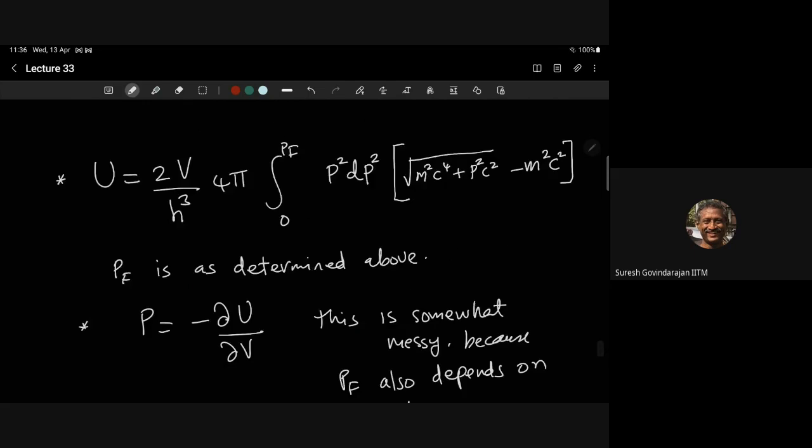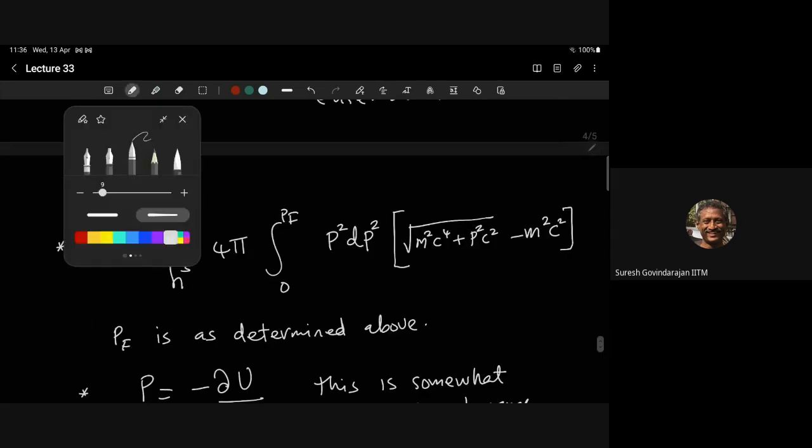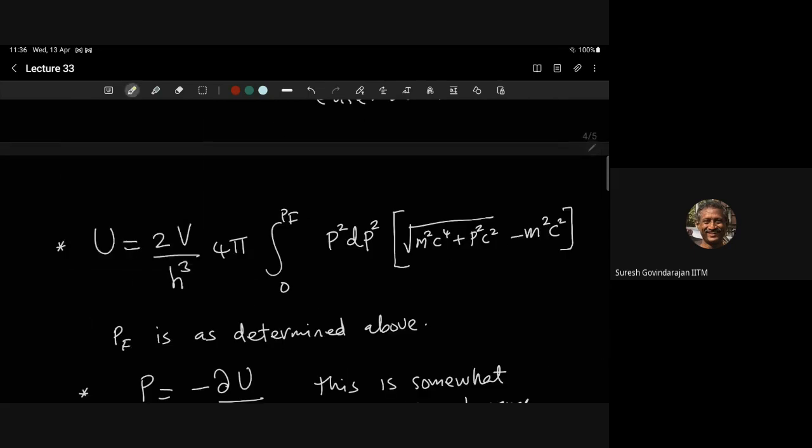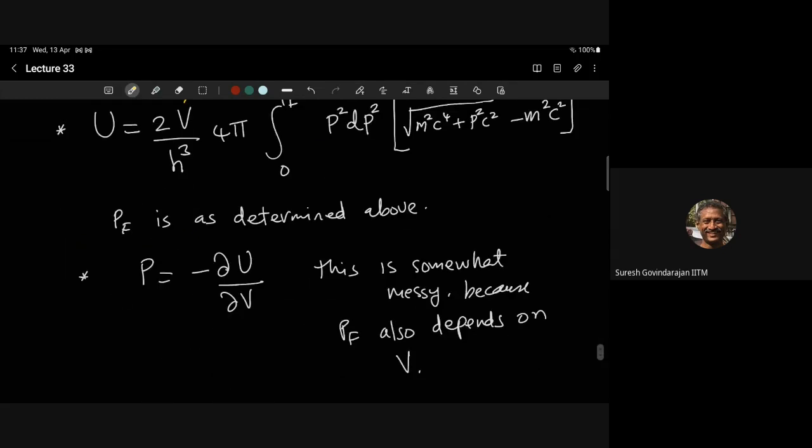If I try to mark where V appears, here is one point and here is the other. So there are two terms which depend on V, and so there will be two contributions. The first derivative of V is very simple, but the PF one is slightly messier. It's somewhat messy, but that doesn't mean it's not good.